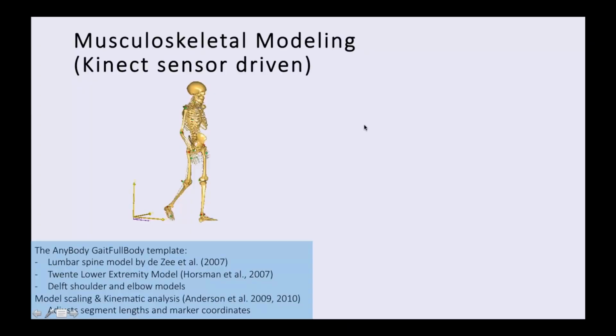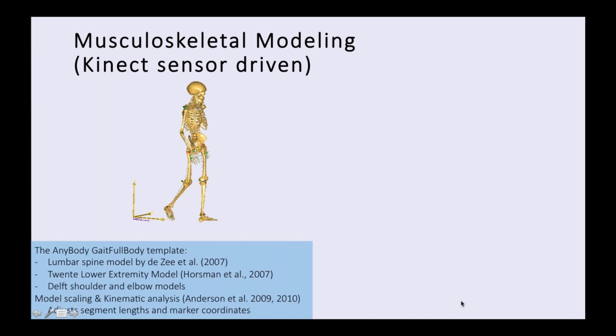Now once we have the kinematic data we needed, it's time to combine the two, the Kinect information and AnyBody. In the musculoskeletal modeling phase, the AnyBody model is to be driven by the Kinect or the depth sensor.